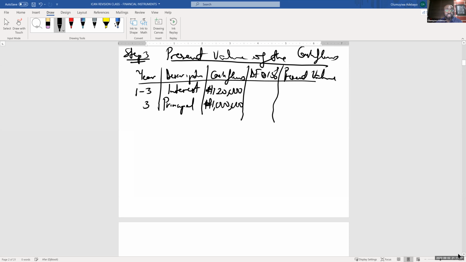Now, discount factor at 15% is simply 1 over 1.15 raised to power n, or 1.15 raised to power minus n. By the time I pick my calculator and you pick yours, I can easily determine for year 3.